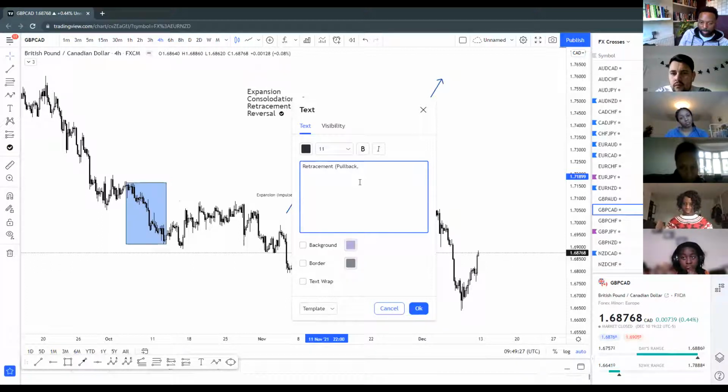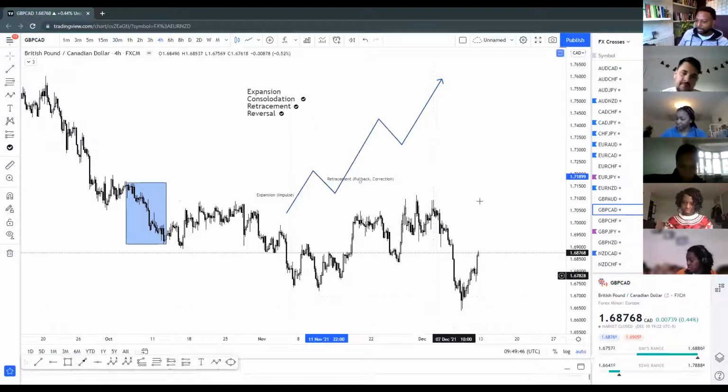Break of structure. No. Consolidation. No, it's not. Correction. Correction. Ah, I've never heard of that term.